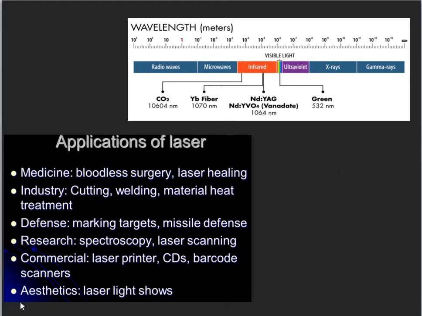And for commercial purposes, we know that we use laser printers, CDs, barcode scanners, etc. For aesthetic purposes also, we know laser light shows, water shows using laser beams. So these are the applications of laser. It has a wide range of applications.